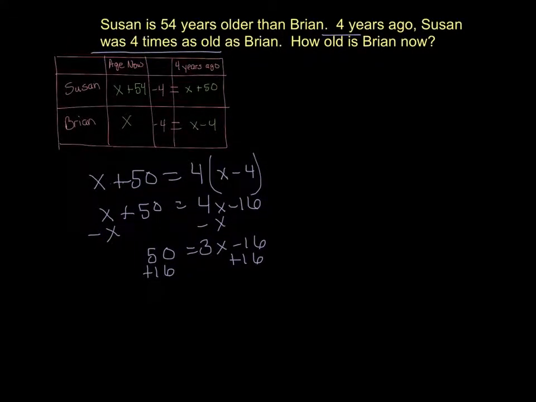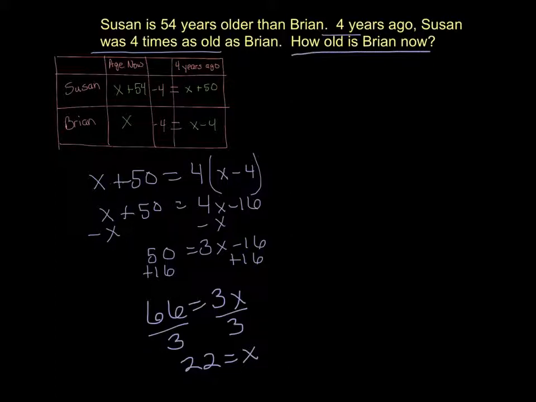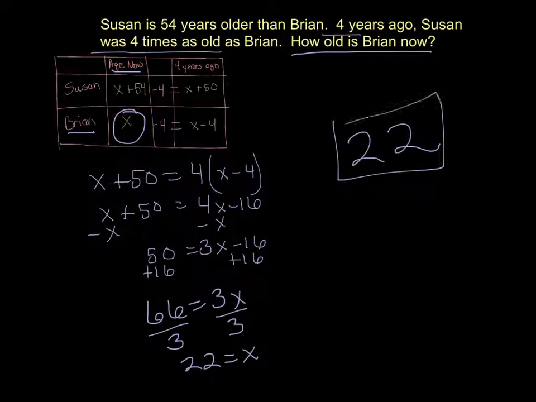Okay. So you get 66 equals 3x. Divide by 3. 22 equals x. Now the question is, how old is Brian now? And then we look at Brian's age now, which is x. So x is our final answer.